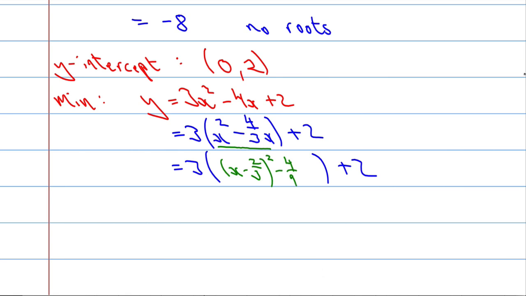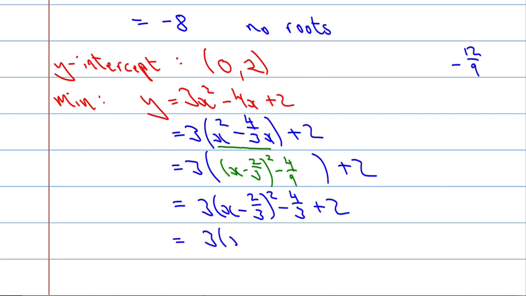Alright, lovely. Next thing I'm going to do is reintroduce this 3. So 3 times this first part in green here, we get 3 times x minus 2 over 3 squared, and then 3 times negative 4 over 9 is negative 12 over 9. When I simplify this down, I'm going to get negative 4 over 3, and then add the 2.